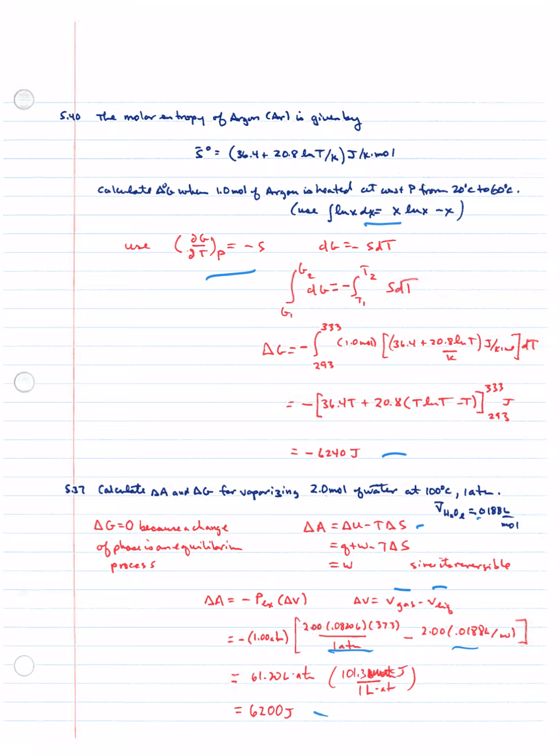Let me double check. Does that make sense that that's positive? And suddenly it's late in the day. My mind is numb. It is positive. So it's doing work. Hold it. Wait now. Delta A, if it's doing work, you would be losing energy.